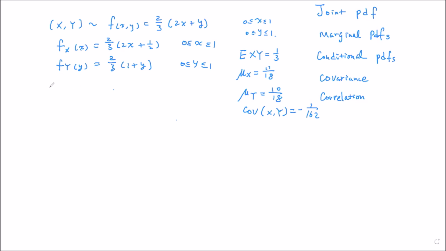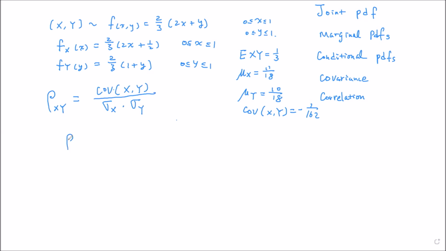So let's define a correlation, rho xy. Sometimes we don't need to write xy, so rho. It's defined to be the covariance of x, y divided by the standard deviation of x times the standard deviation of y. This is sometimes called a correlation coefficient.